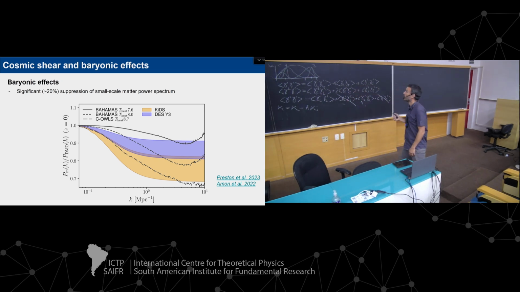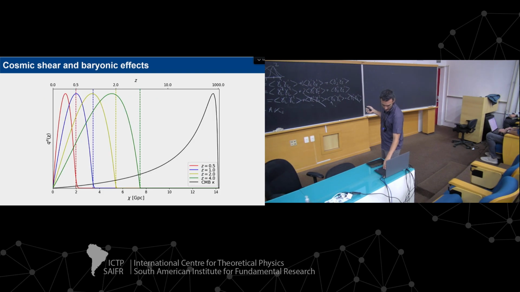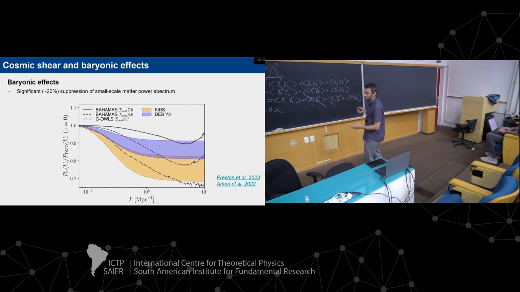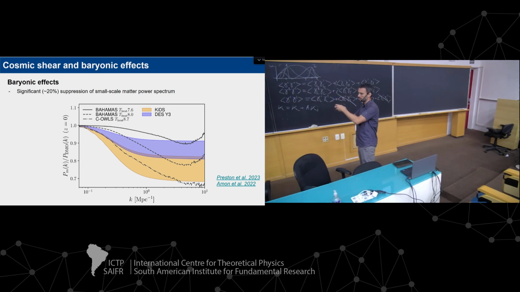So the way forward, I don't think I have a slide on that. The way forward seems to be we just need to model baryonic effects. We need physical models for what AGN feedback does. They should be, first of all, physically sensible. They should be able to reproduce all the different results from hydro simulations.